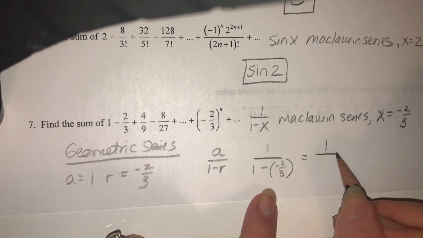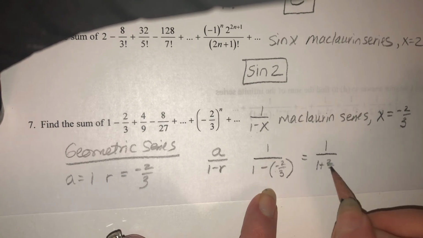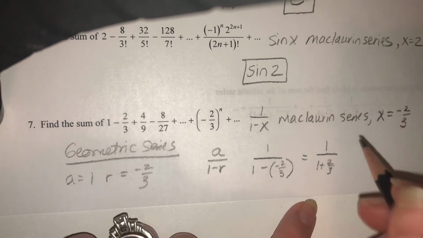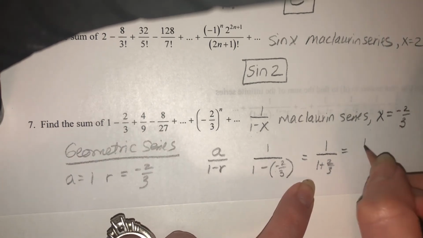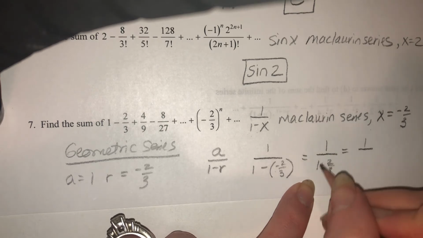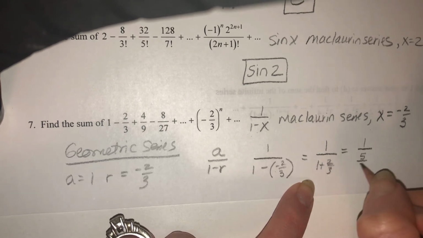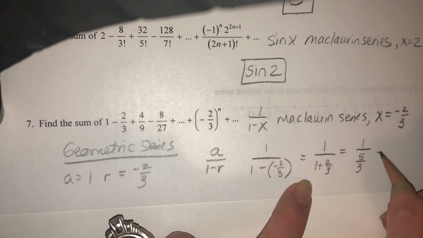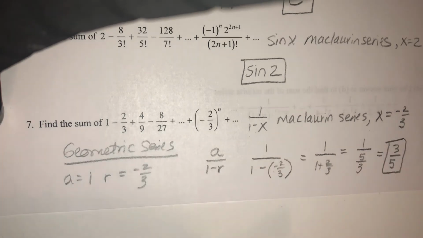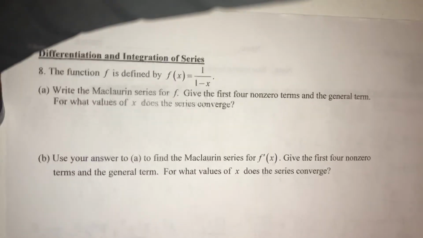So we have 1 over 1 plus 2/3, which 1 plus 2/3 is the same thing as 5/3 because 1 is 3/3. So 1 divided by 5/3 is equal to, multiply by the reciprocal when you divide by a fraction, 3/5. So the sum of this series is 3/5. Pretty cool, huh?